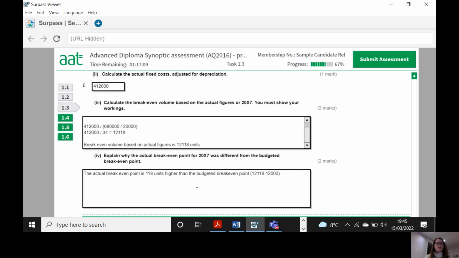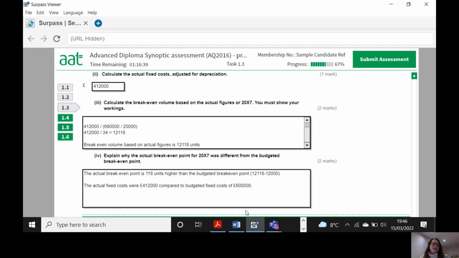So I would then break it into its component parts. So the actual fixed costs were, what did we have? 412,000 compared to budgeted fixed costs of, so the budgeted fixed costs right at the start, I won't go up and down again because it's painful with the sizing, but they were £600,000.